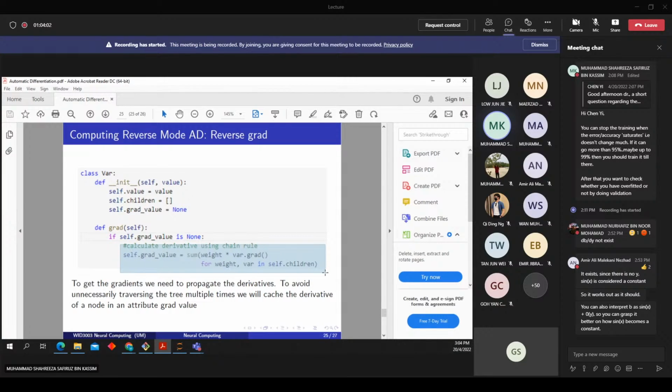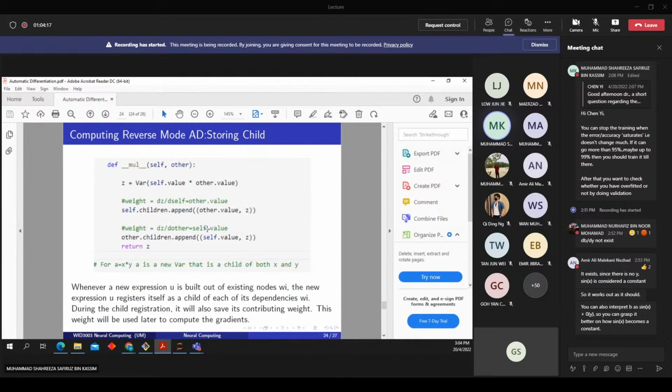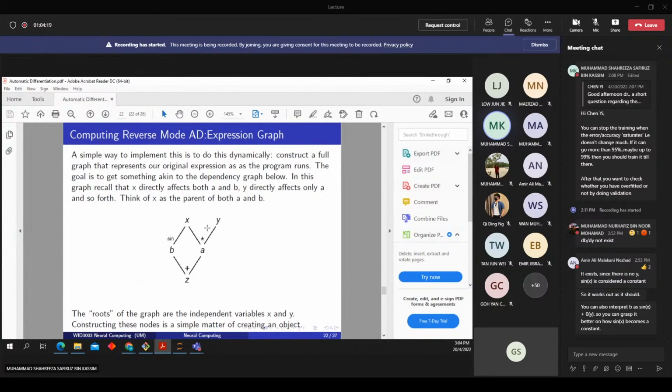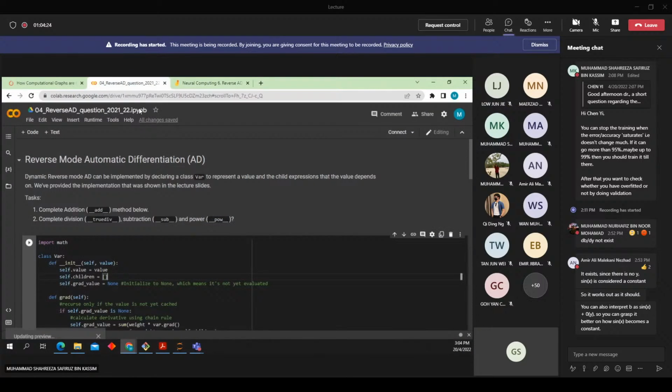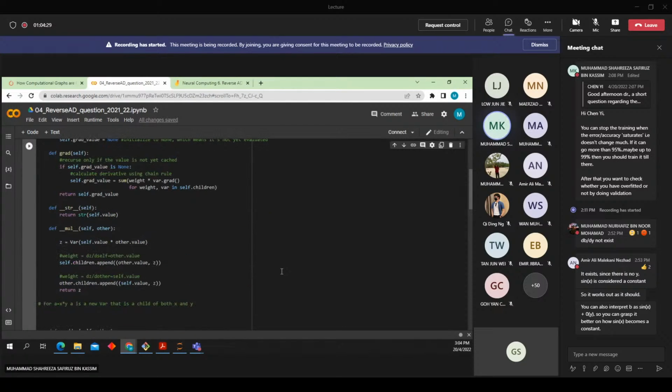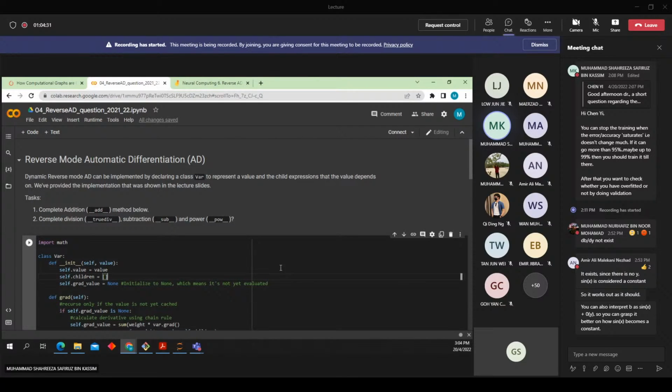The chain rule is applied here, so the local gradient will be cached as we go forward. I'll show you in the code in a while. If you look at the slides, it doesn't make sense; you have to look at the whole code to understand this.